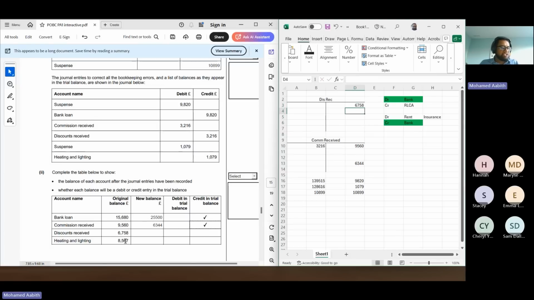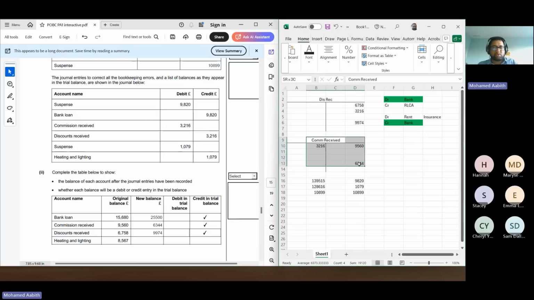Now, what is the change we're going to make here? 3,216 on the credit side. So the balance for this one is going to be 9,974. Is that a debit or a credit again? Again, it is an income, it is a credit.